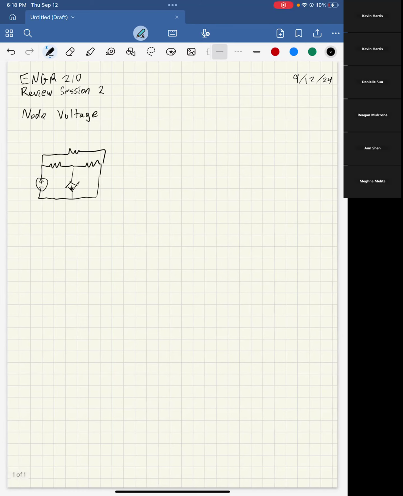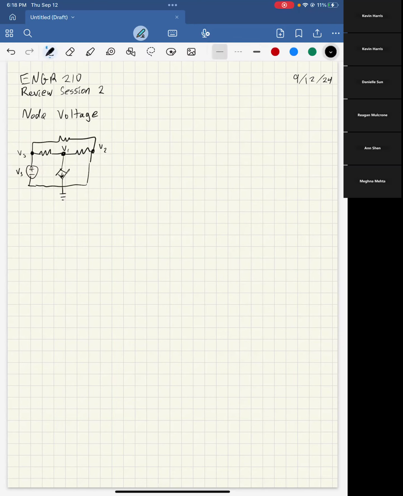What node voltage allows you to do is, by selecting points in your circuit and defining them as V1, V2, and here this would just be whatever this voltage source is, create equations and use those to solve your circuit. So I will give everything a name here. This can be 2I, and this can be R1, R2, and R3.